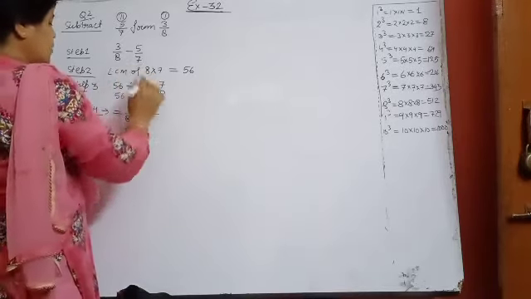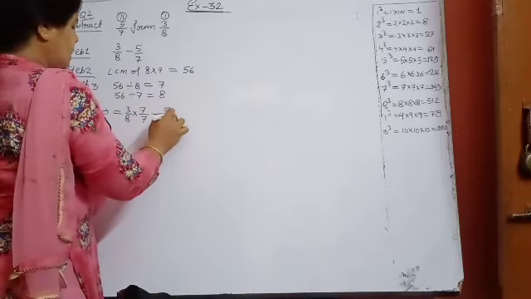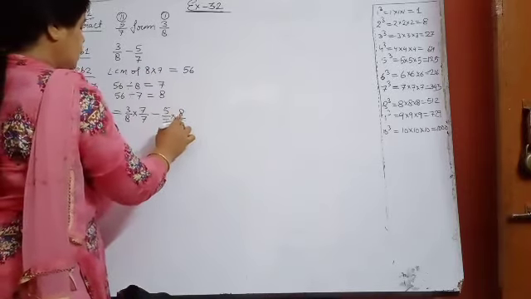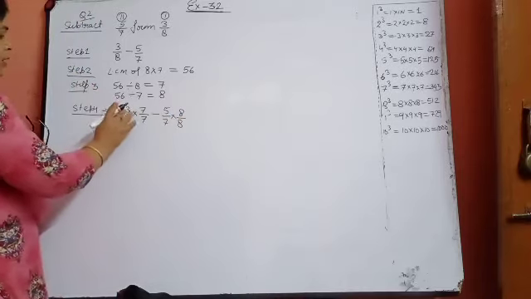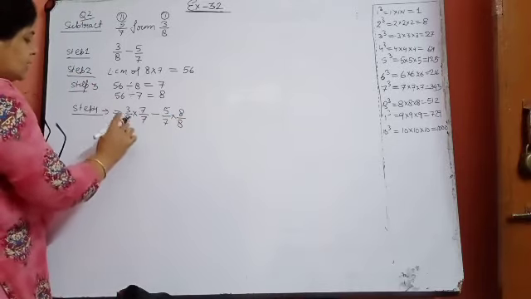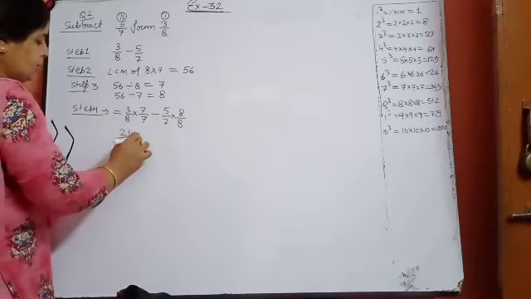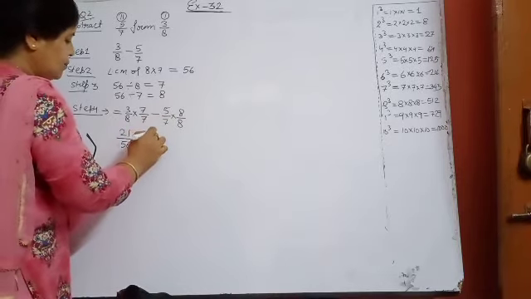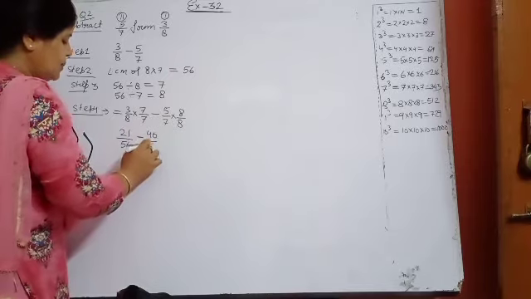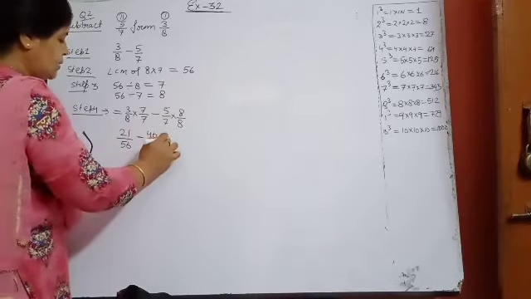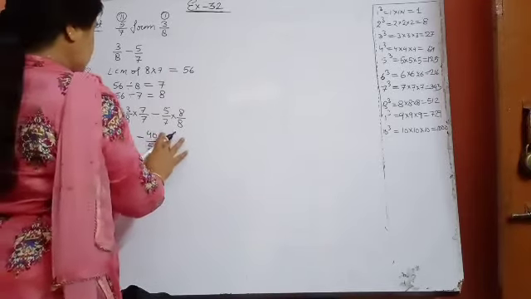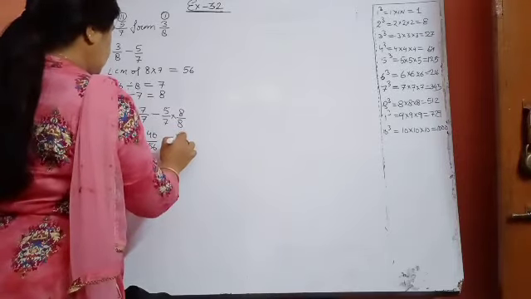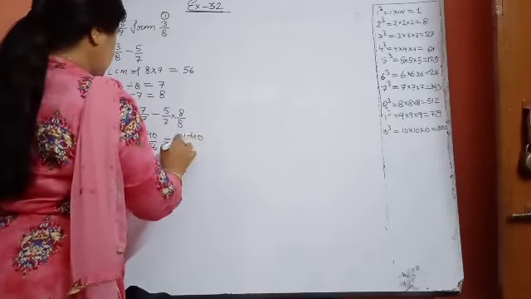Minus. 5 upon 7 multiplied by 8 upon 8. Now see that 7 3s are 21. 8 7s are 56. Minus 5 8s are 40. 7 8s are 56. So what it will become? It is equal to 21 minus 40 upon 56.